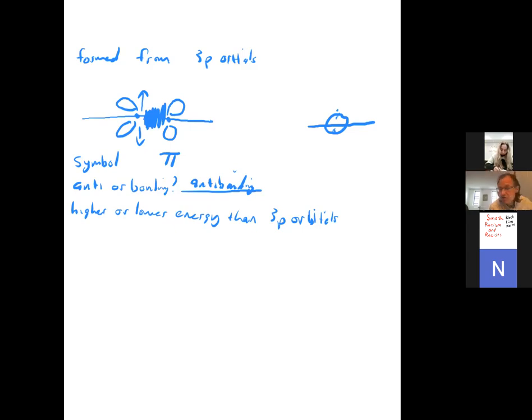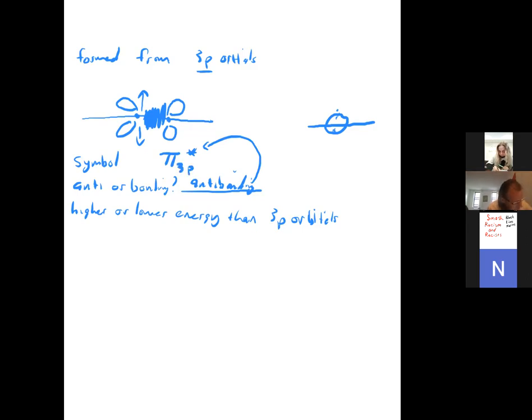Now I want to show you the full thing here. Since we already determined it's an antibonding orbital, you have to put the star. The notation of molecular orbitals is that not only do you tell what kind of bond it is, you indicate what orbitals it came from. This one came from 3p orbitals, so you write that as a subscript.